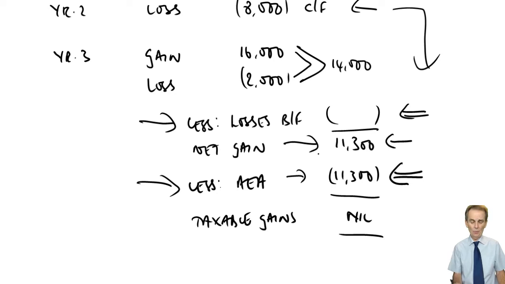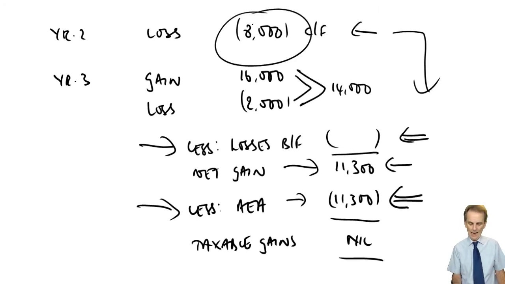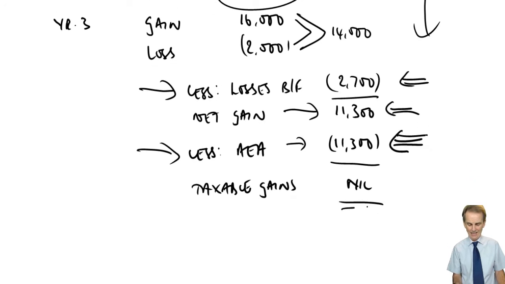So, of a loss brought forward of 8,000, how much of that do I want to use here in year 3? Answer, 2,700. If I use 2,700 out of the 8,000 available, that will bring down my net gains of the year to 11,300, just sufficient to absorb that AEA and to end up with nil taxable gain.